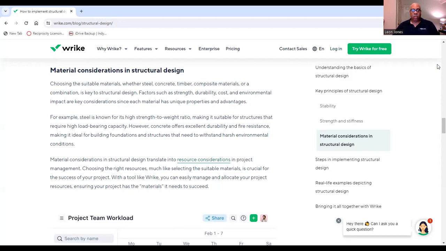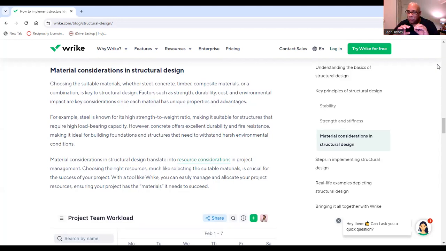So material considerations in structural design translate into resource considerations in project management. So considering, or let's say choosing, the right resources. I like choosing a lot better because it actually flows into obtaining the correct materials.